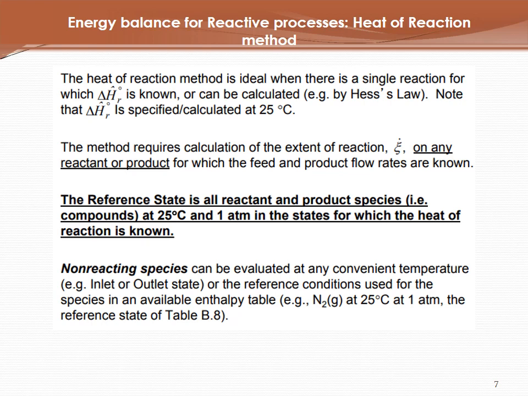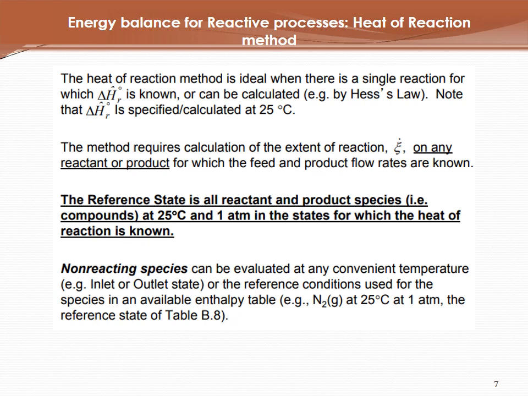Now in the problems, you will also encounter certain species which will not react, for example, nitrogen. For these species, you can have the reference state as stated in the problem. You can use the inlet temperature and pressure or outlet temperature and pressure as the reference conditions, what we used to do for non-reactive processes in chapter 8.